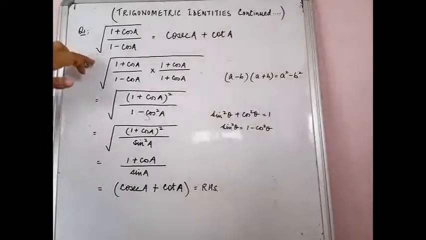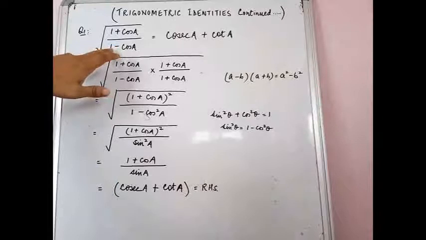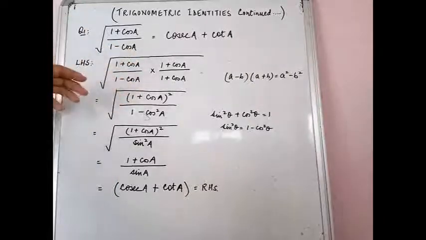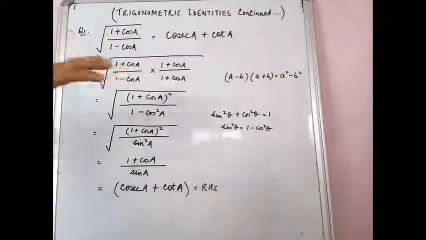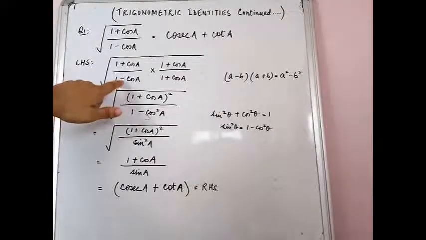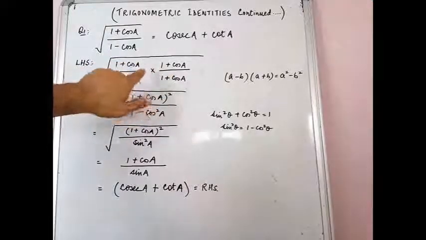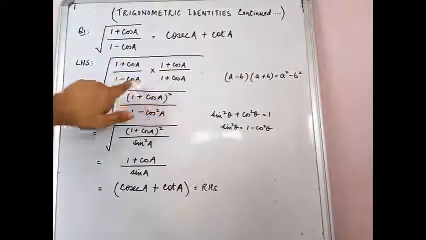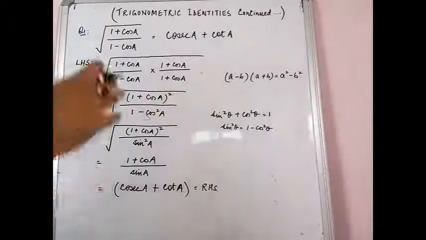So whenever you see under root sign on the left hand side, and there are things like 1 minus cos A, 1 plus cos A, 1 minus sin A, 1 plus tan A, then you will have to multiply both the numerator as well as the denominator by the conjugate. Conjugate basically means you have to multiply the numerator and the denominator after changing the middle sign of the denominator here. Okay, so that was the first question.